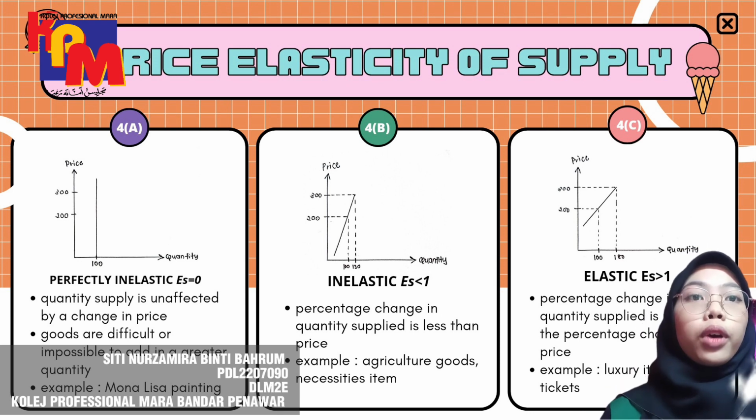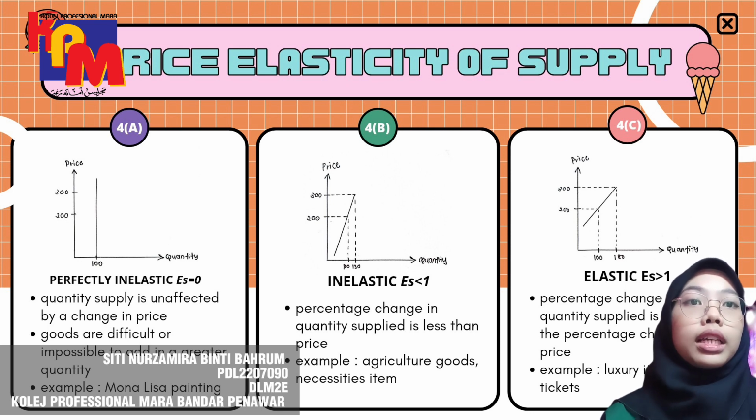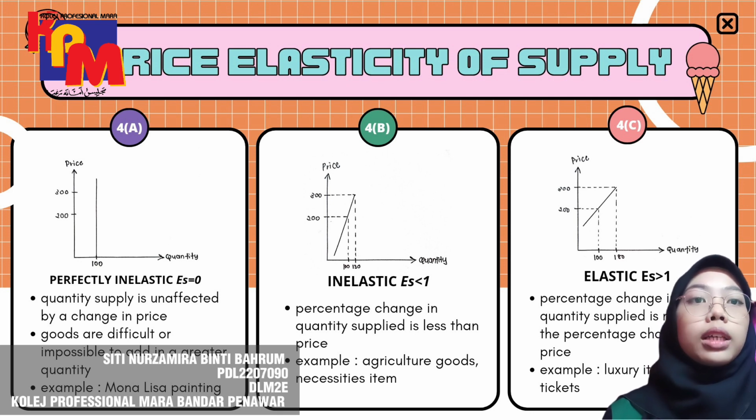For question 4a, it is described as perfectly inelastic, which is ES equal to 0, because the quantity supply is unaffected by the change in price. It is usually goods that are difficult or impossible to add in a greater quantity. For example, artwork like the Mona Lisa painting.